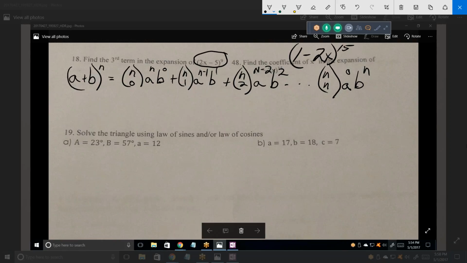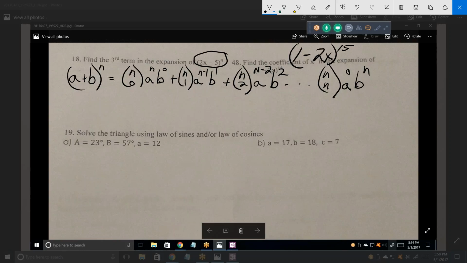Mm-hmm. Okay. So if I'm looking for the coefficient of the x to the 6th term, well, my x term is b. So I'd be looking for the coefficient when it's b to the 6th, right? So what's that coefficient going to be?